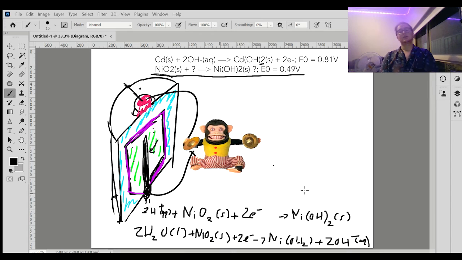Alright, so this one, it's not too bad, it's not too messy. You'll notice this one has 2 hydrogen. We don't have to balance with oxygen, because we have 2 oxygen here and 2 here, so it's already balanced. This one has 2 more hydrogen, so you have to add 2 hydrogen to this side. But if you stop there, it's not actually right. Because you can see up here, we have hydroxide ions.